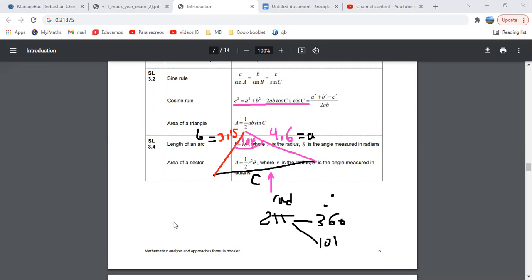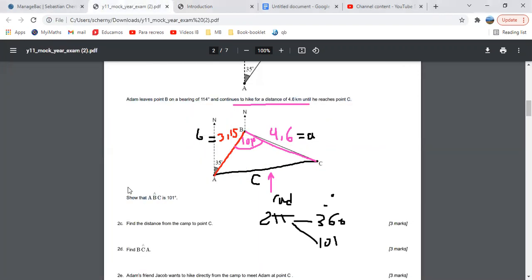So 3.15 times 4.6, and this times the cosine of the angle in degrees now, so 101. This is actually nice because even if we don't know how to reach the solution in 2b, we already know that this angle is 101.